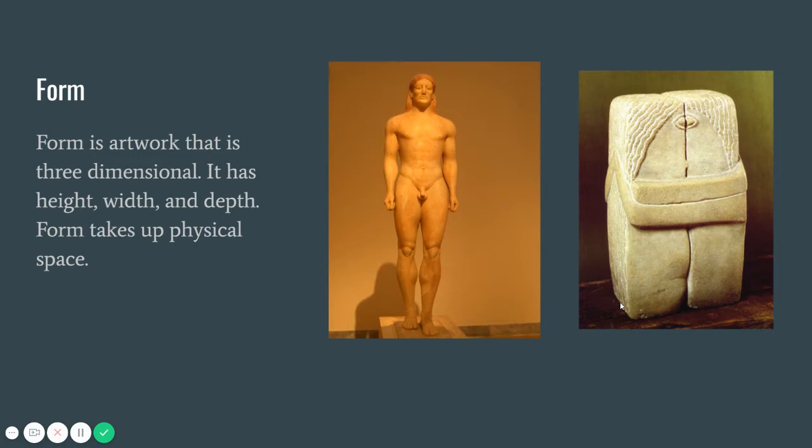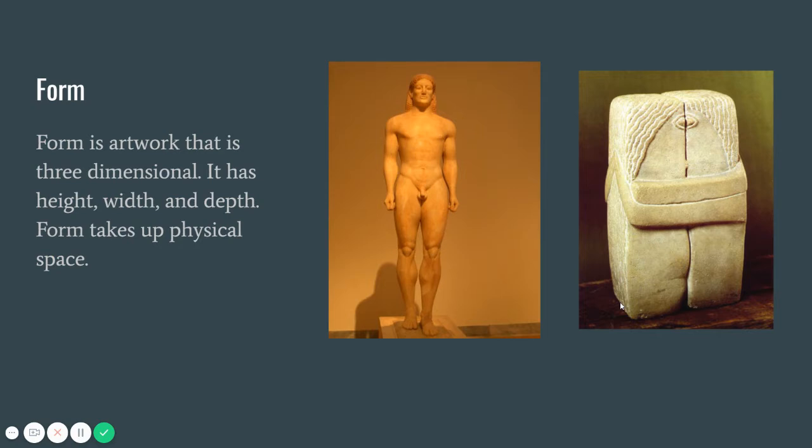Form, on the other hand, is kind of the opposite of a shape in the sense that form now has to be three-dimensional. Form has to have height, it has to have width, but it also has to have depth. So that means that it has to take up physical, actual space.